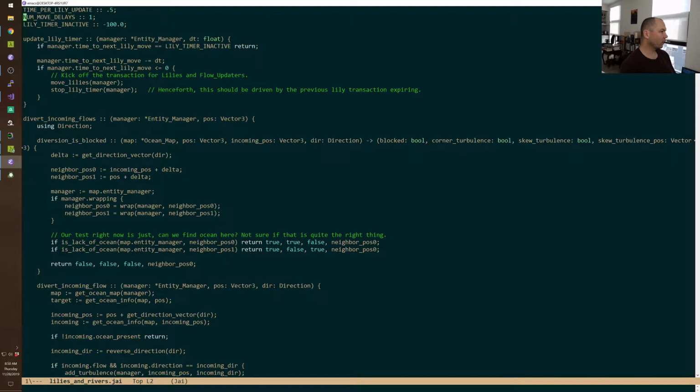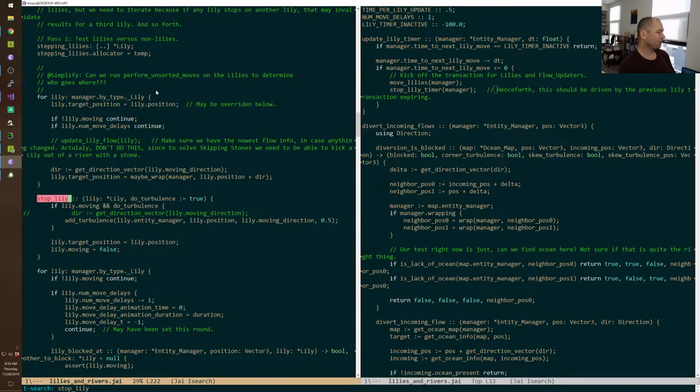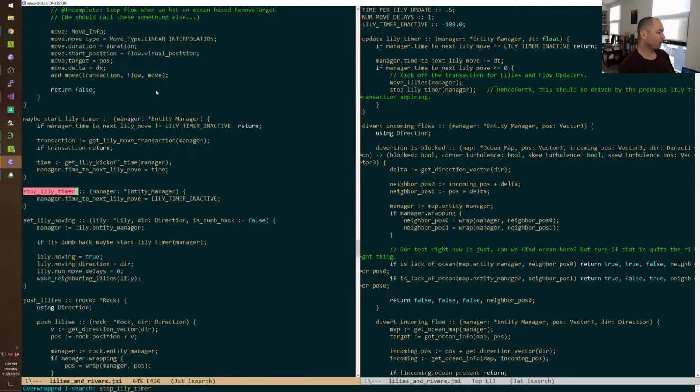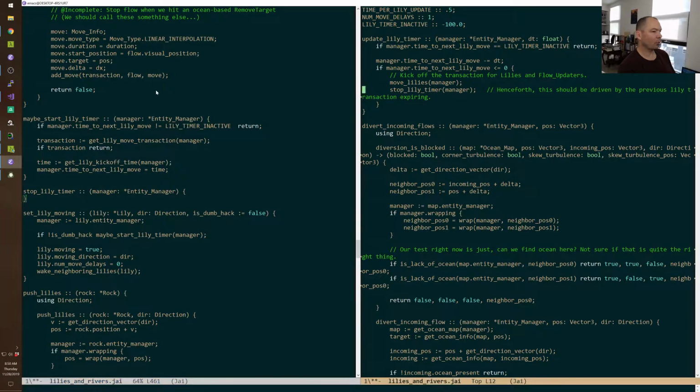So this thing, this time to next lily move, this doesn't need to be a separate function.